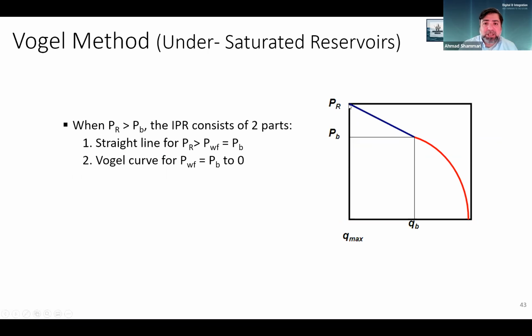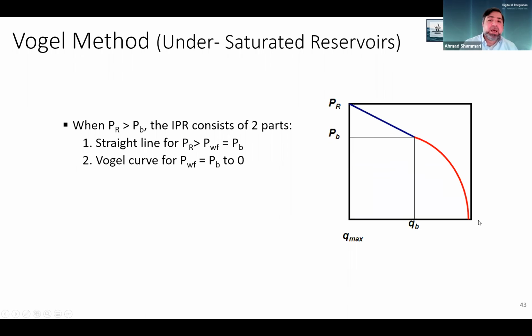One straight line from the reservoir pressure until the bubble point, which is simply the productivity index concept, and a curved line from the bubble point going down. So it is a straight line for the portion of P reservoir until PWF equals PB, and Vogel from PWF equals PB until 0.